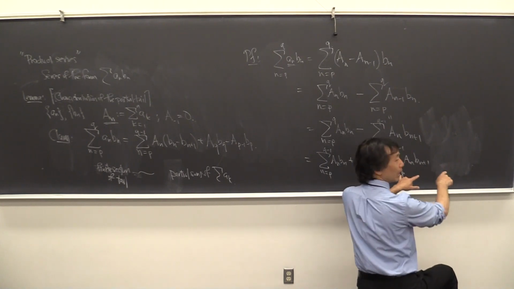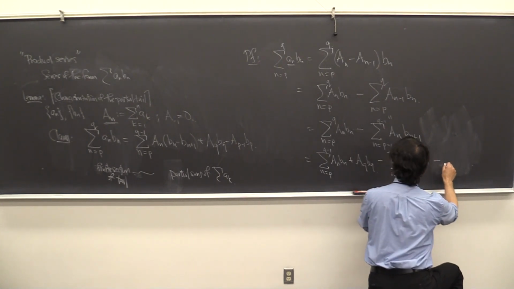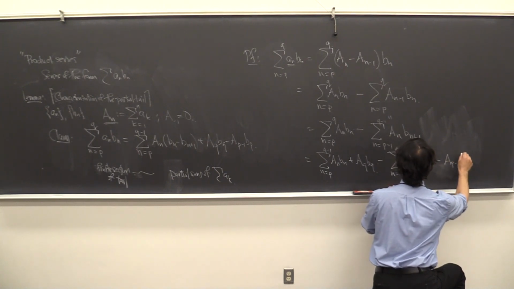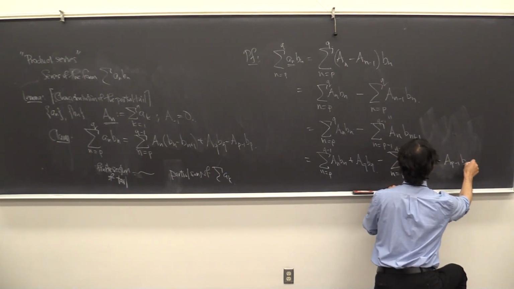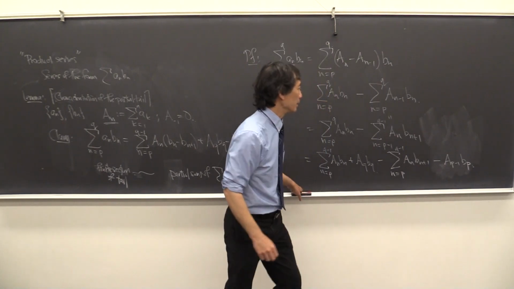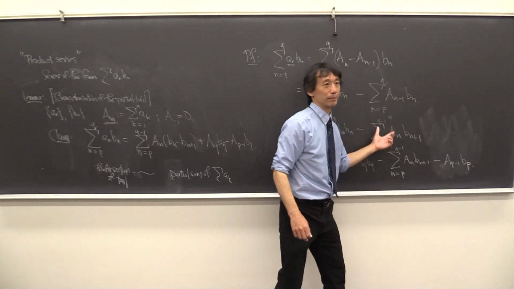What am I doing? It should be subtract, yeah, A sub p minus 1, b sub p. Thanks. Because these things combine together to give you this thing. Sorry.